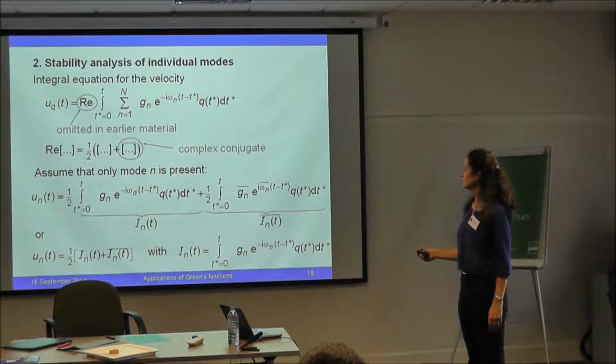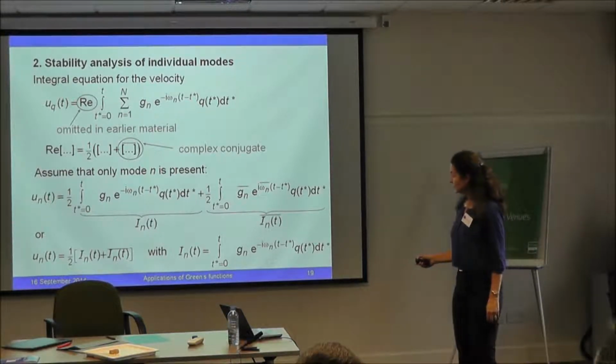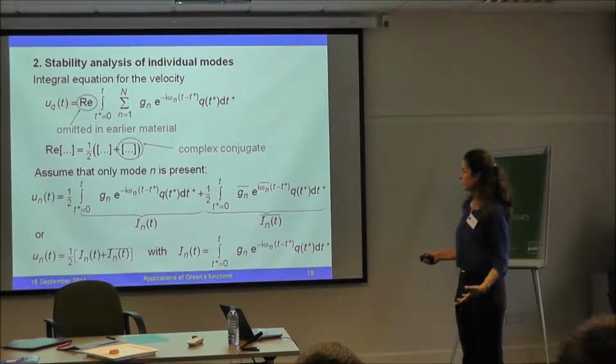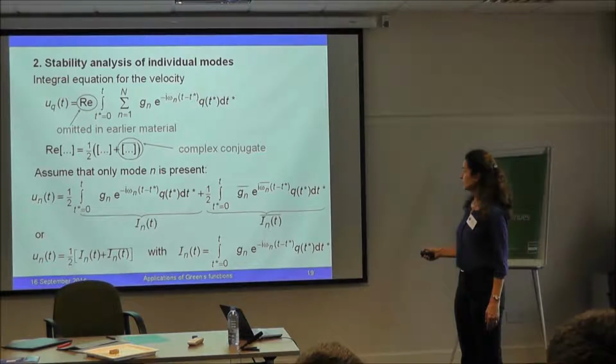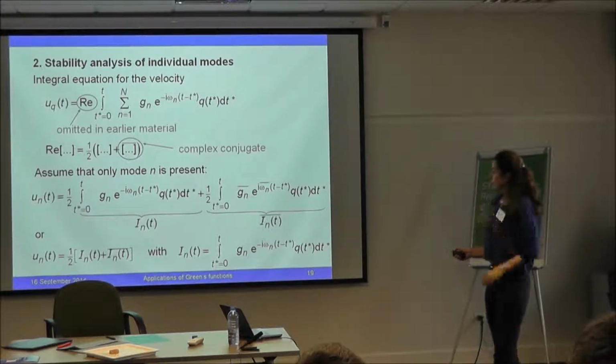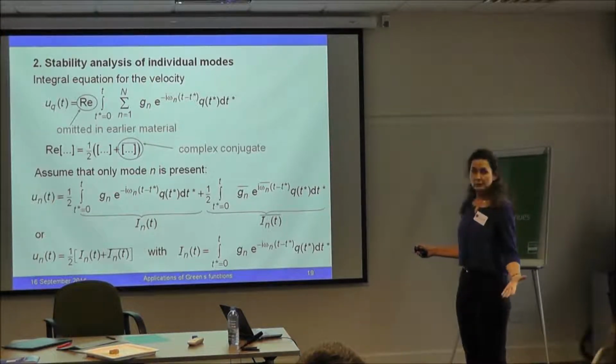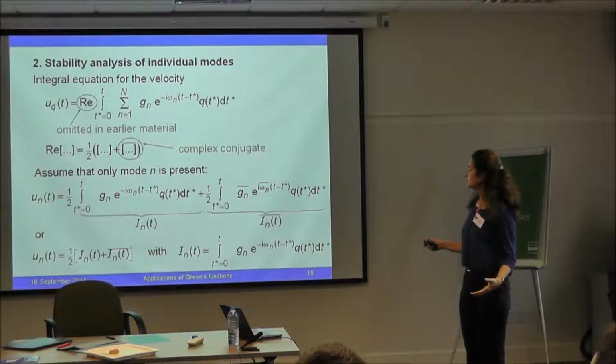We now need the real part of this. And the real part of a complex number can be written as the complex number plus its complex conjugate, multiplied by a half. We can also assume that only one mode is present. So instead of taking a whole sum of modes, we'll just have mode n.